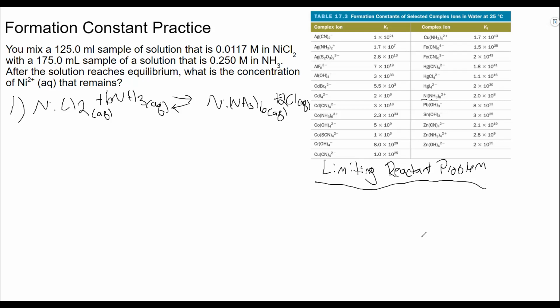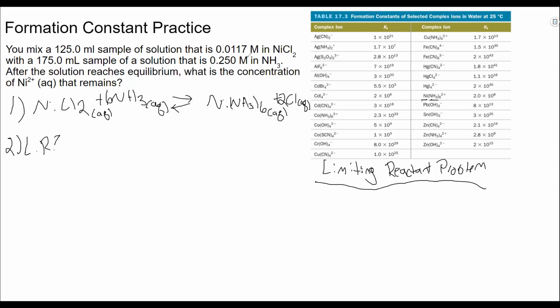But what a limiting reactant problem means is that one of these reactants will run out first, and that's when the reaction will basically stop. So the second thing you should do, step 2, is really find out what is my limiting reactant, right? So what is my limiting reactant?